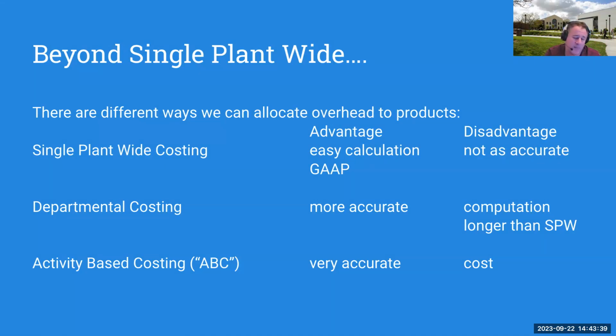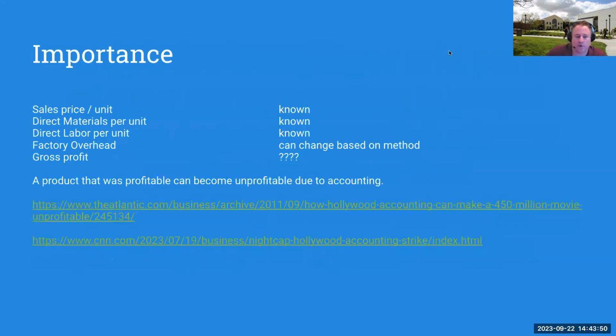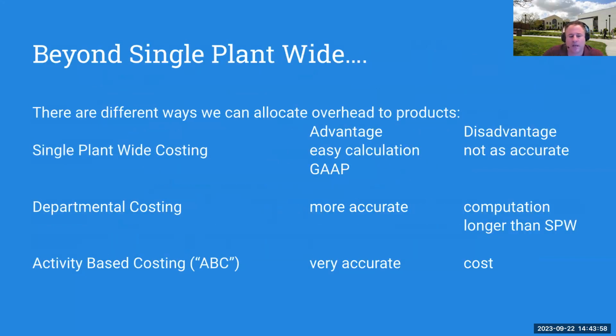Now, with activity-based costing, we're drilling down, and this is where we can get a lot more accuracy. Again, we're trying to determine the best way to calculate the amount that's being allocated to our factory overhead. Activity-based costing is very accurate.